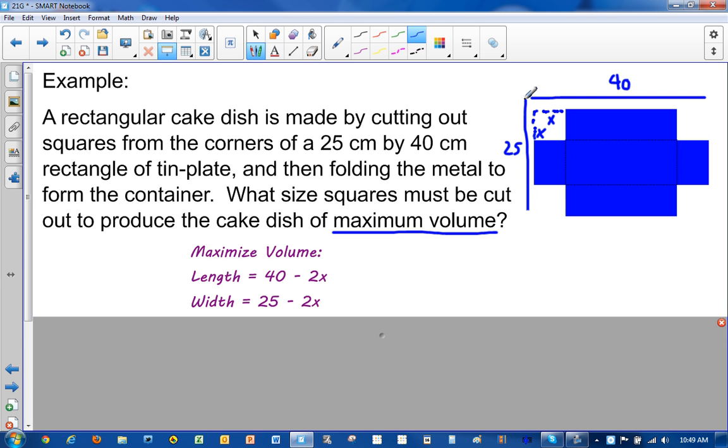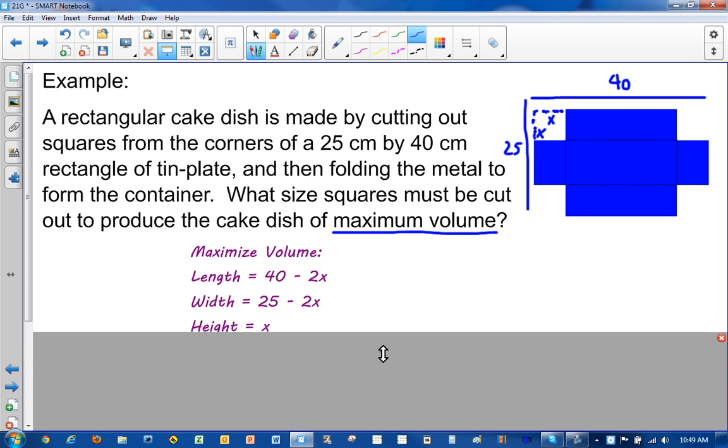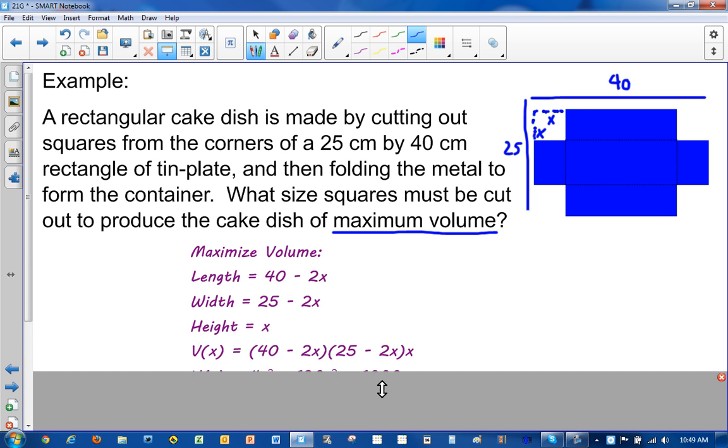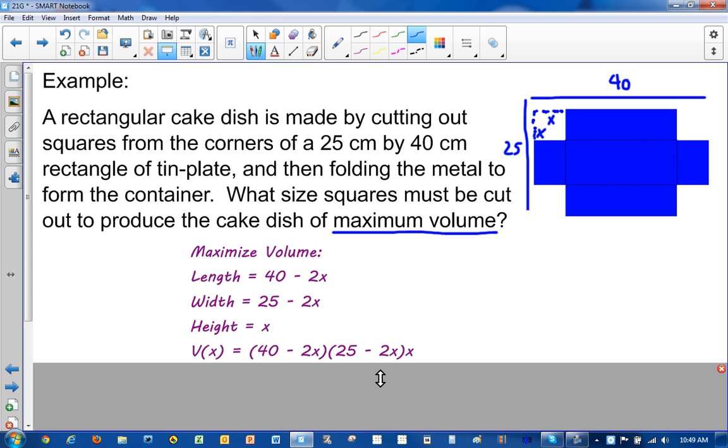My width was 25, but again, I cut x off of each side, so I cut off x twice. So my width is 25 minus 2x. And then when I fold the whole thing up, this x will also represent the height of the box. So that's going to be my height. So my volume will be (40 minus 2x) times (25 minus 2x) times x.